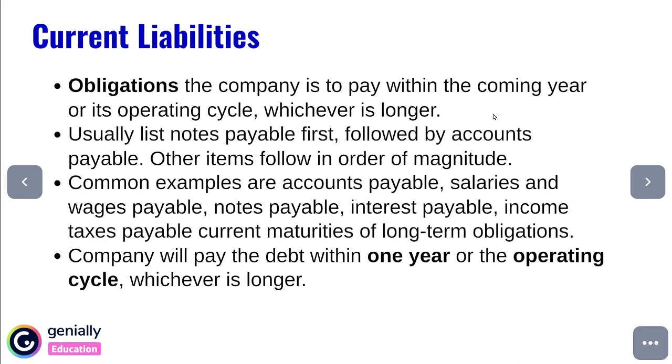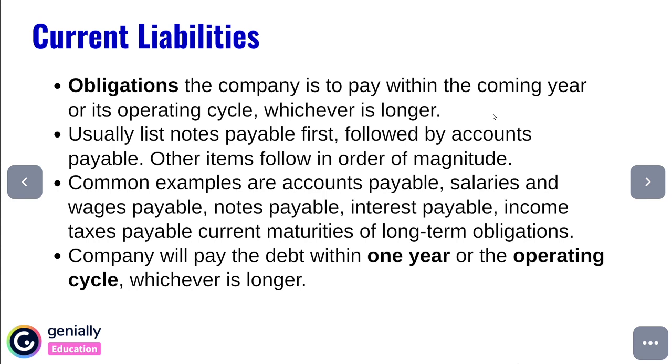When you work for the company, they normally have a day to pay the salaries for the workers. If you prepare the financial statement before that date, it is not yet the day to pay, but the people have worked for you for a certain period of time, so you have to pay them. We call it salaries and wages payable.